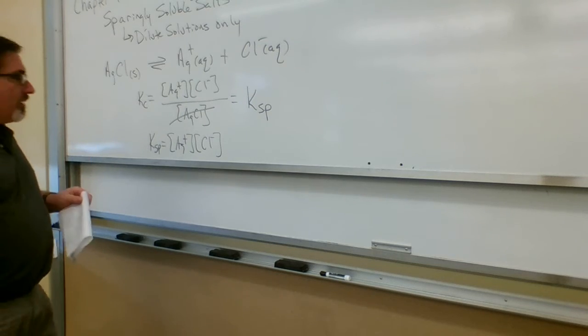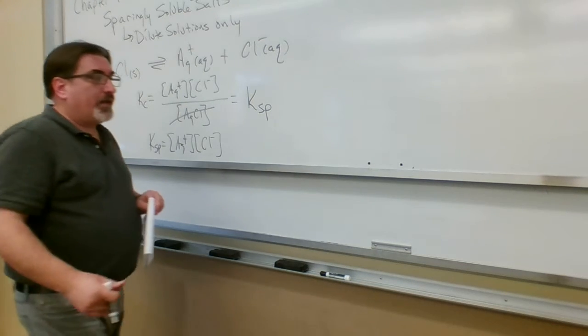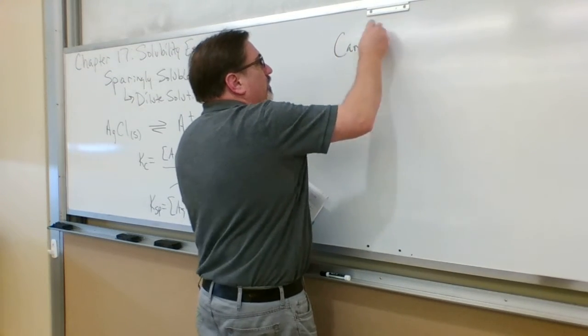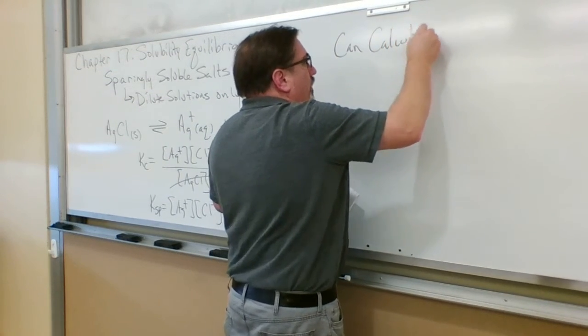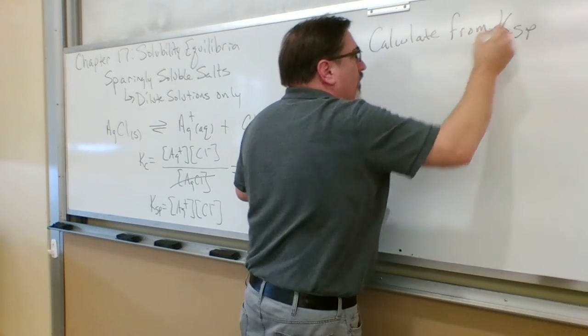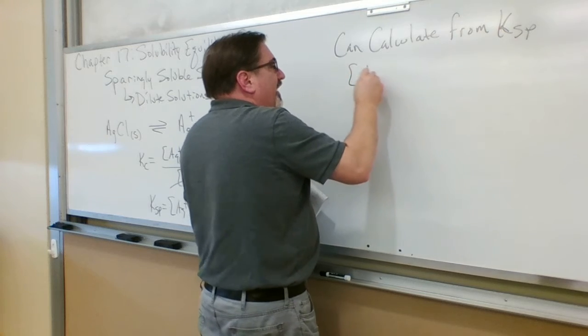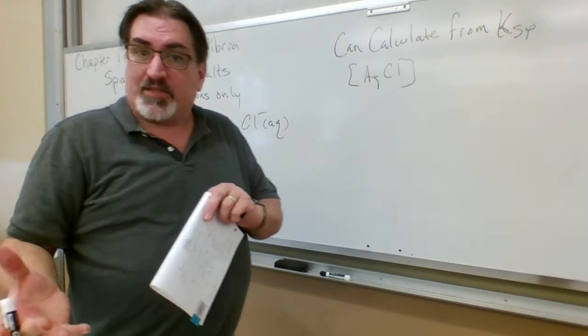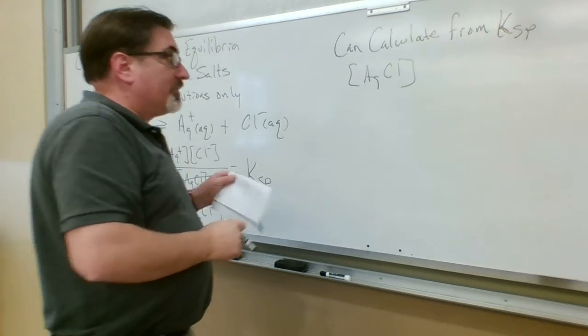So working problems like this, we can calculate from Ksp the concentration of AgCl that's present in the solution. It'll be very small because it's an insoluble compound.